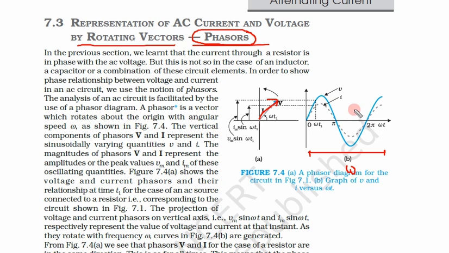This is a sine wave with frequency omega and time t, so this sine wave can be represented by an arrow or a vector. That vector is called a rotating vector or phasor because it is rotating with velocity omega.